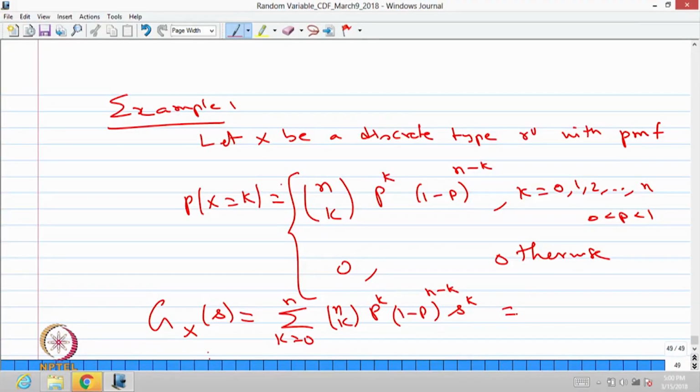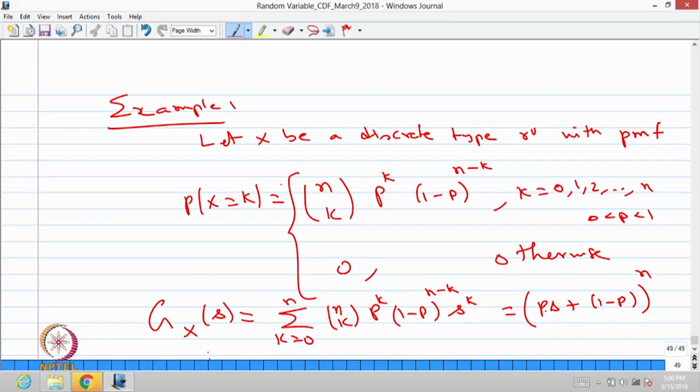Therefore, one can easily write p s plus 1 minus p, the whole power n. By combining p power k and s power k, you can easily get the result p s plus 1 minus p the whole power n. That is going to be the probability generating function for this random variable.